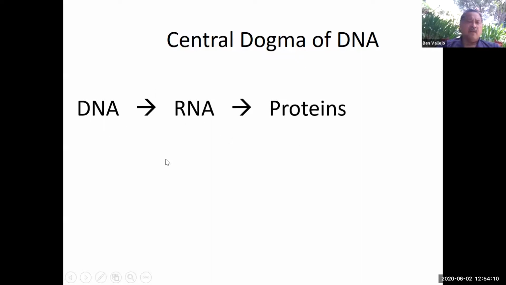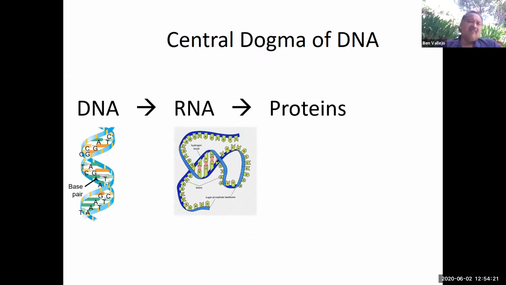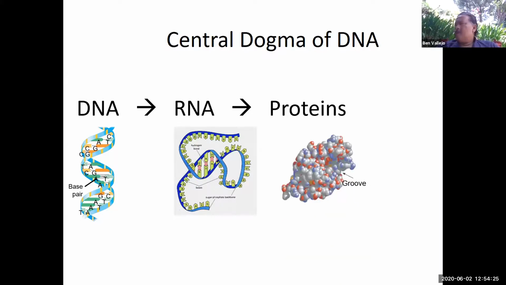We can't see DNA, but we believe that this is the way it works. DNA is stuck in the nucleus. We have to make a copy of it, and that copy goes out, called RNA, and then we can read or translate the message on the RNA into the final gene product, until we get the protein that we're interested in.